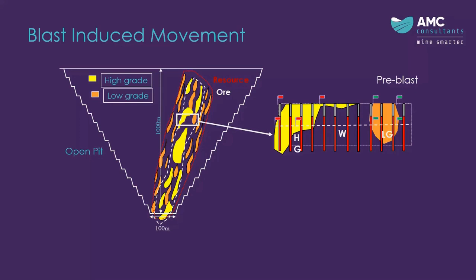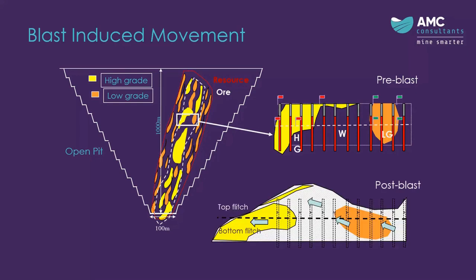We then come along and we blast this material. In the process of doing this, these sections of high grade, low grade, and waste are displaced. Now, if the blast movement is not accounted for, and we use the same pre-blast boundaries from the blast hole assays to recover the valuable material during excavation, the result is sections of ore loss and sections of dilution.